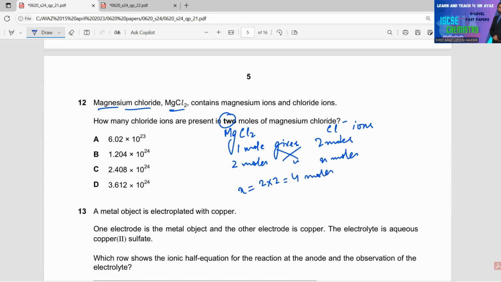Now we need to calculate the total number of chloride ions. So we need to multiply by the Avogadro number. Avogadro number is 6.02 times 10 to the power 23.